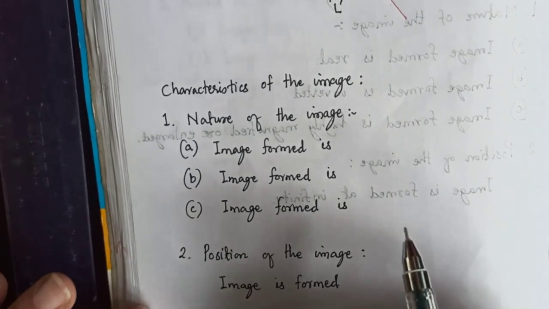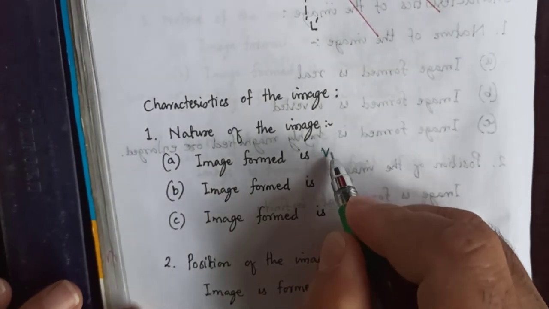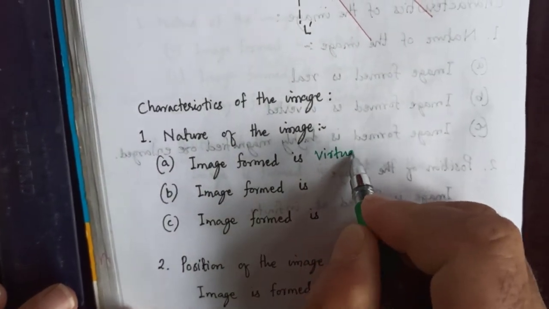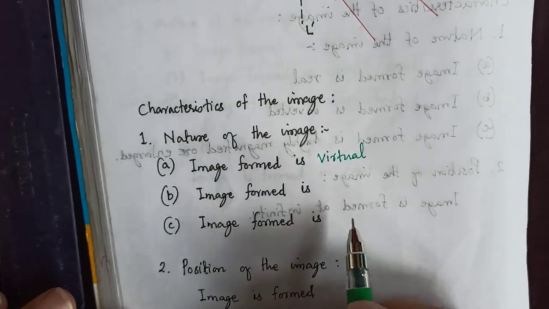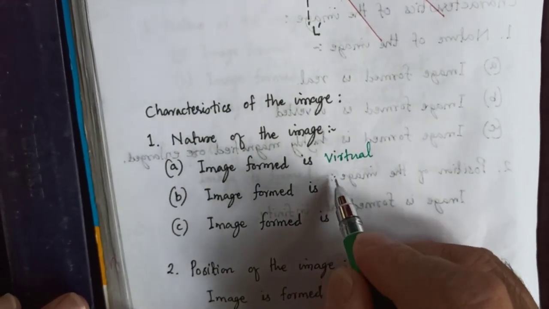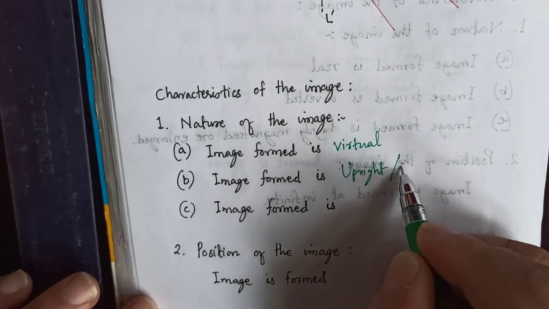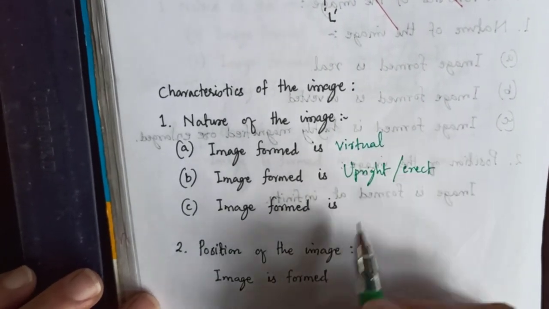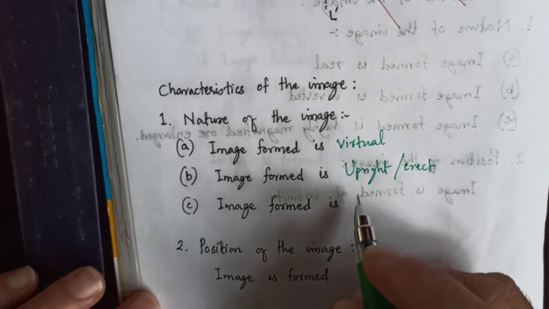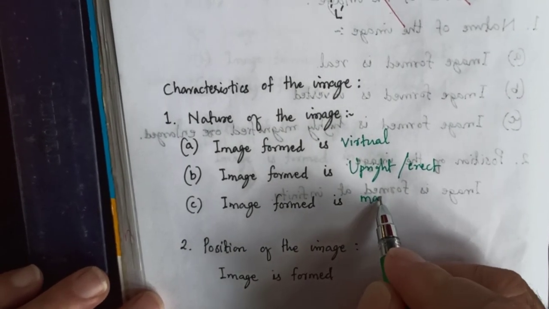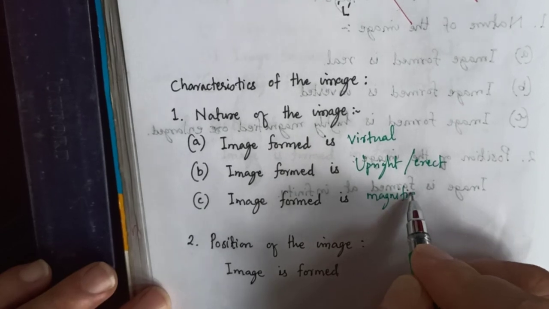So if we write the characteristics of the image, in this case the image formed is not real but virtual. Since it is virtual, it is upright, or you can say erect. And in the third case, the image formed is magnified or enlarged.